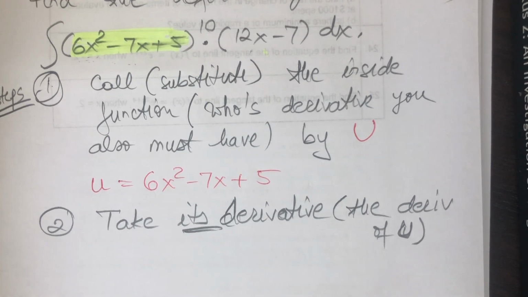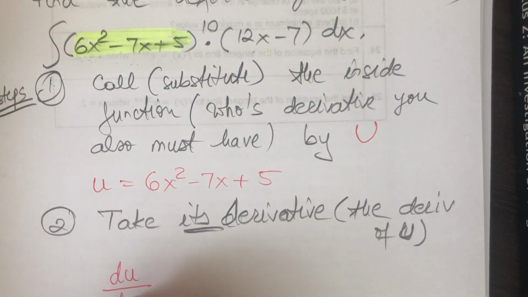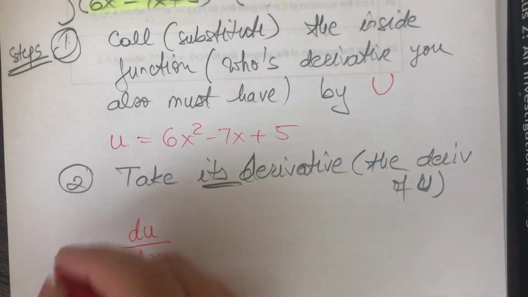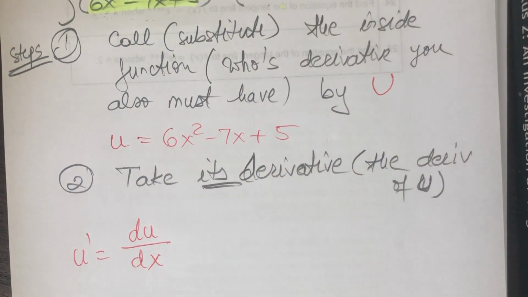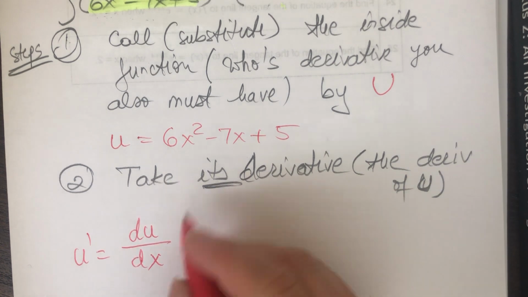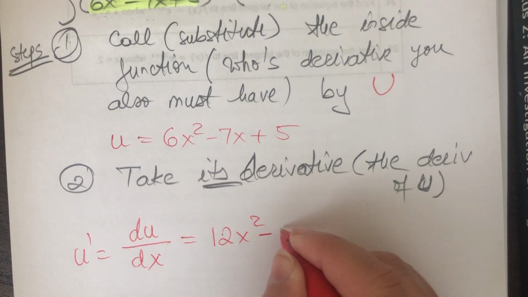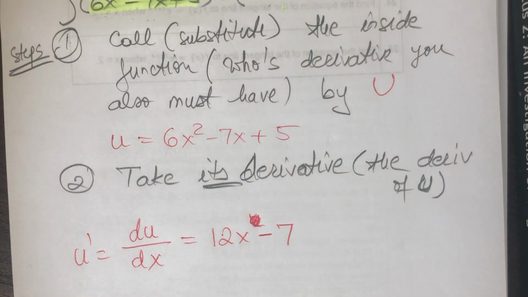So I'm going to use Leibniz notation. Rather than writing u prime, you'll see why. Rather than writing y prime, by the way, it is y prime, yes? But also in Leibniz notation, it's called du dx, right? So what's the derivative of this u? It's equal to what? Not 12x squared, 12x minus 7, yes?